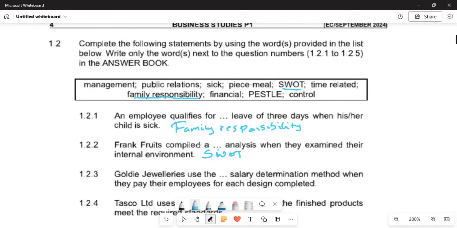So we know that strengths and weaknesses are found internally, while opportunities and threats are external. So the correct answer when they are trying to examine the internal environment is SWOT analysis. That's the tool that they're going to use.